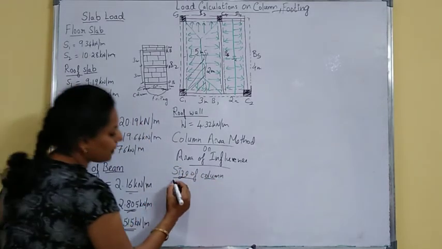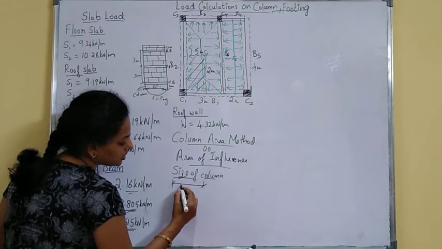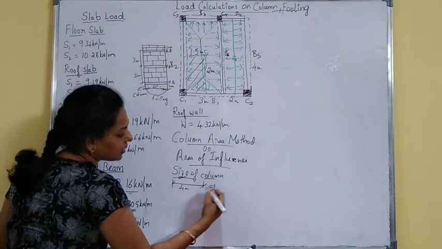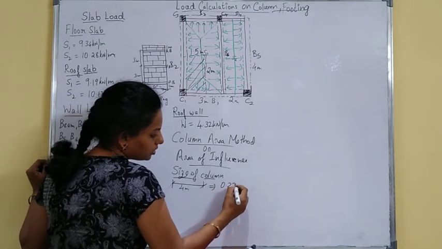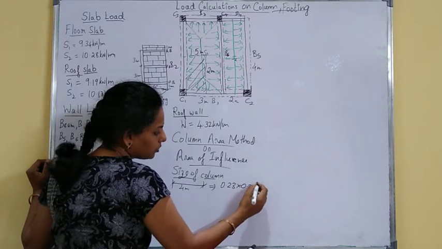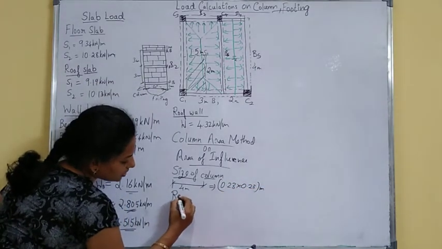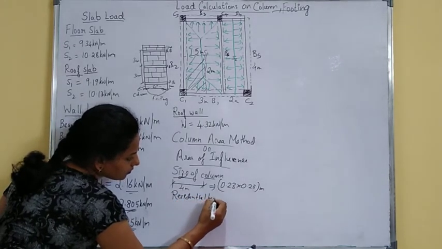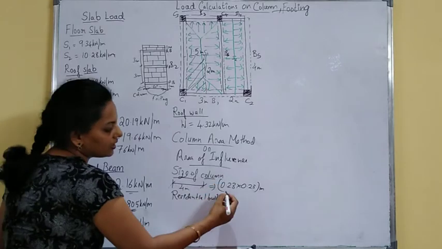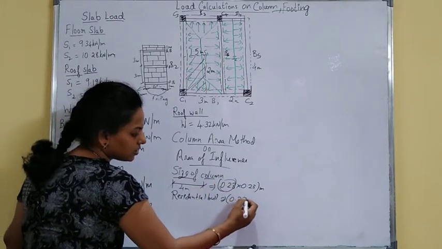Suppose your span is 4 meter; you can assume the column size as 0.23 by 0.23 meter, usually for a residential building. One side will be the thickness of the wall, so the width is taken as the wall thickness.